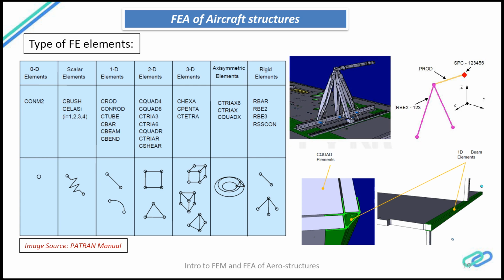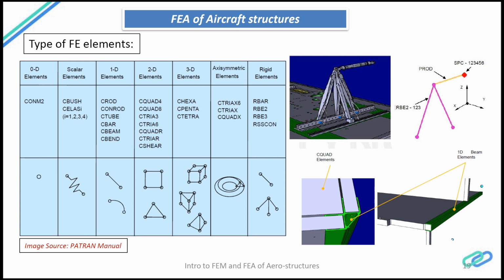Similarly for CTRIA elements, a triangular element has 3 nodes. Suppose each edge has a mid-side node as well, then it will become 3 plus 3, 6. And then QUADR element, and TRIAR, SHEARR. These are a little bit rigid elements in terms of stiffness.